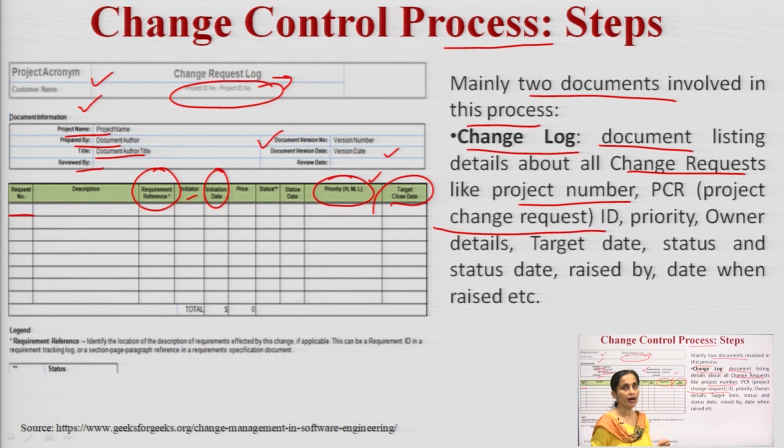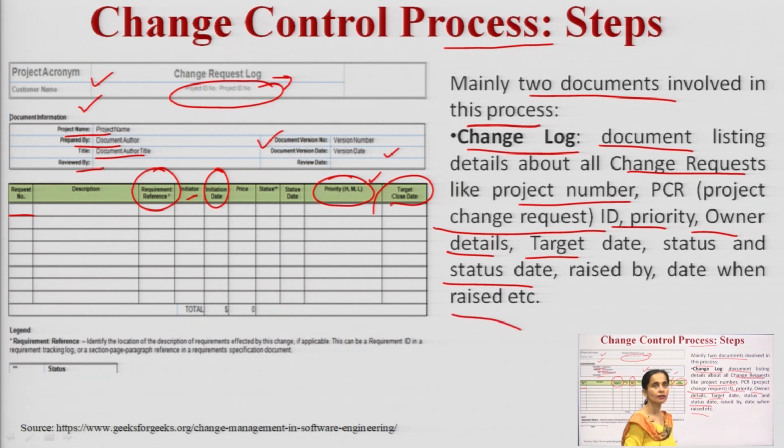We do it as per the priority of the software, who is the owner, the details of the owner, the target date, status, the status date, who raised this, the date when it was raised and closed.